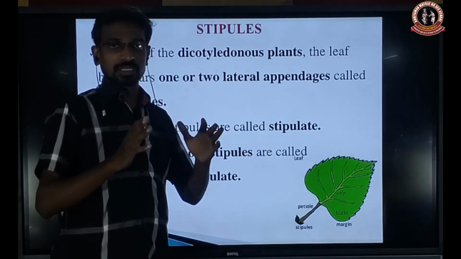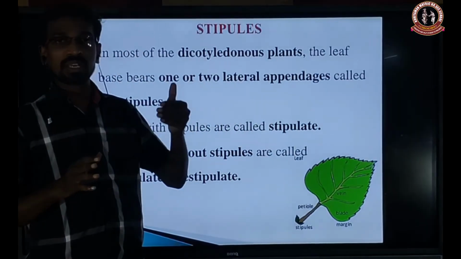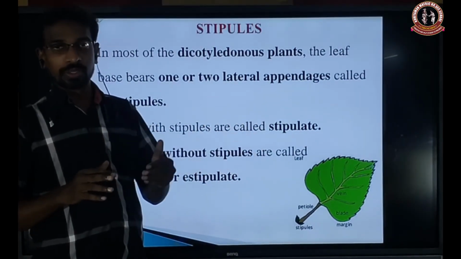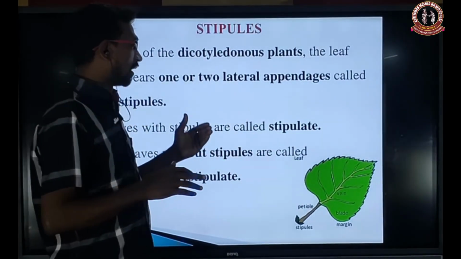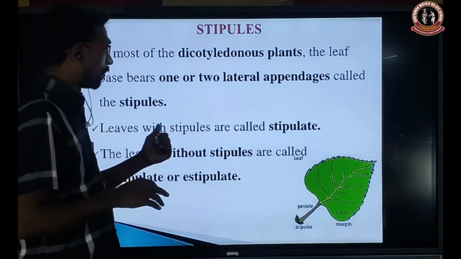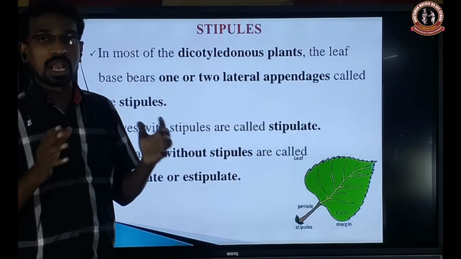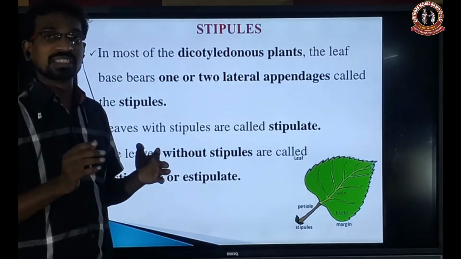Previously we saw that a leaf which has a stalk is petiolate, and a leaf without a stalk is sessile. Likewise, if the leaf has stipules, it is stipulate. If the leaf does not have stipules, it is exstipulate.